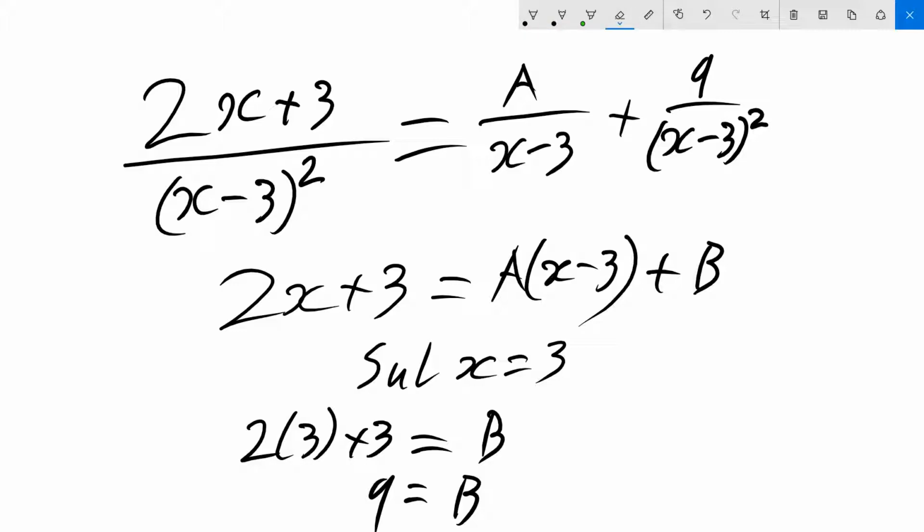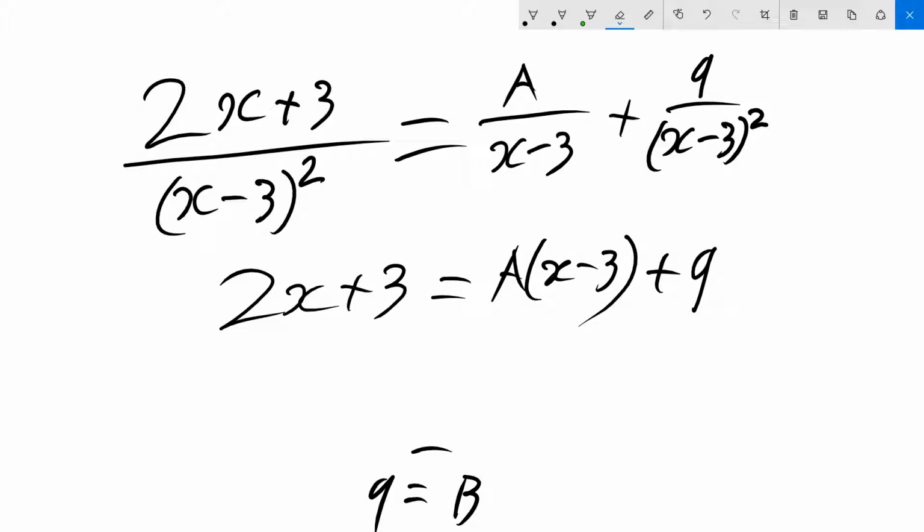Then we're going to change our equation here to incorporate B equaling 9. So from here we can just sub in whatever we want to work out what A is, now that we know what B is.